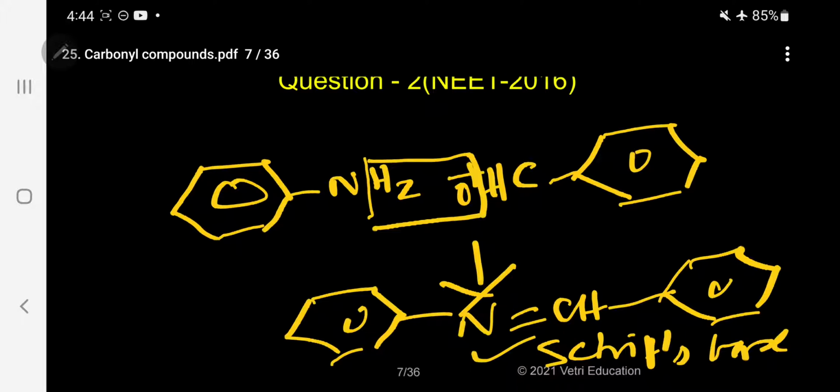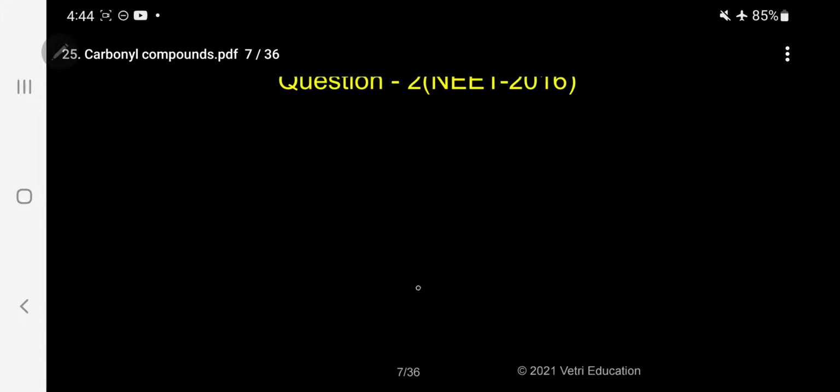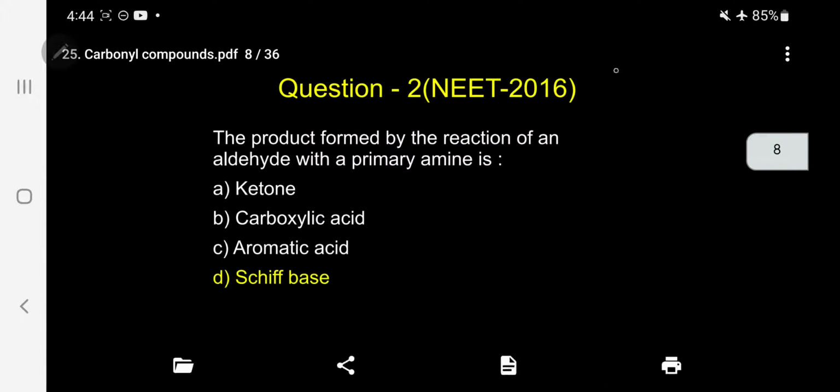Suppose you add this aniline and benzaldehyde in a boiling tube, the solid that is formed sticks in such a way that you cannot remove it from the boiling tube. We have to break it and take it out. Such a hard, sticking solid it will be. Kindly follow. So the correct answer is Schiff base.